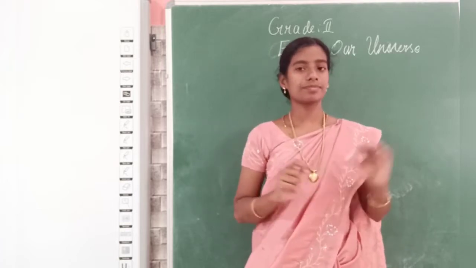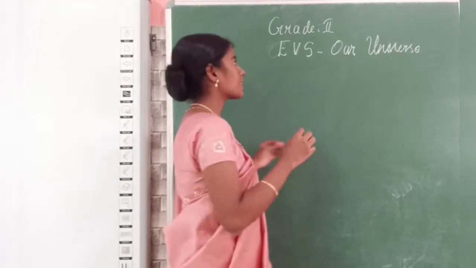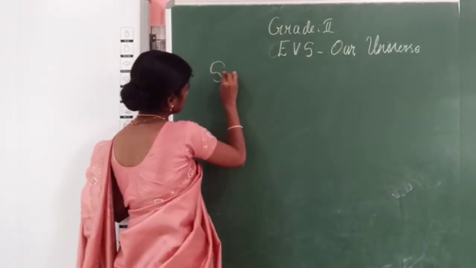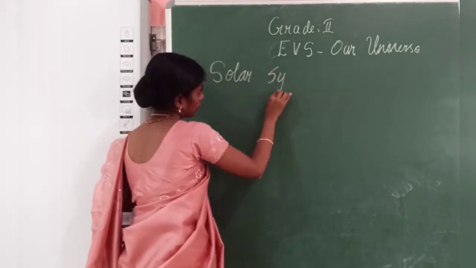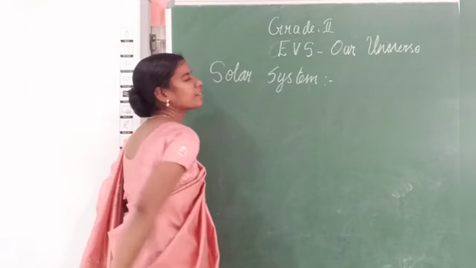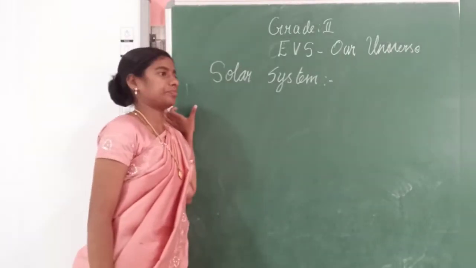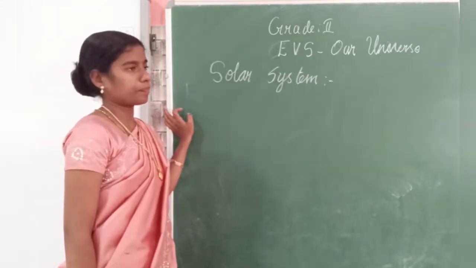Good. We are learning about our universe, and in the last class we have learned about the solar system. What are the things you have learned in the solar system?